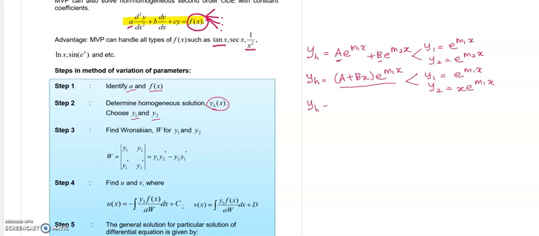If your y_h is in a complex form, then we have e^(alpha x) (A cos beta x plus B sin beta x).